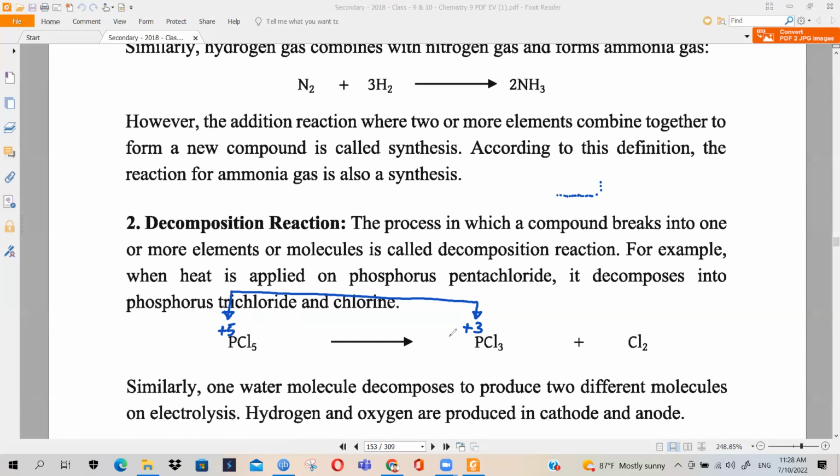And how can oxidation number get reduced? By accepting electrons. The equation would be something like this: P5+ plus 2e- resulting in P3+. Okay. So it is half reduction. Reduction is gaining electrons. So it will be half reduction.